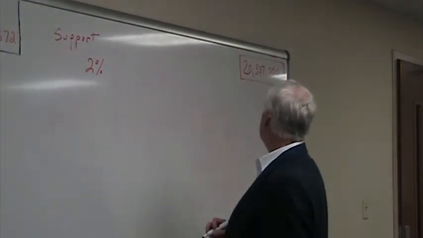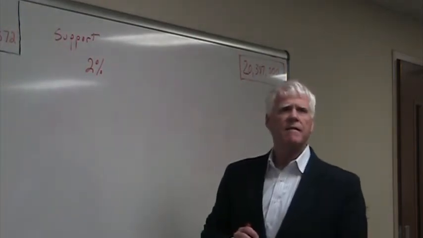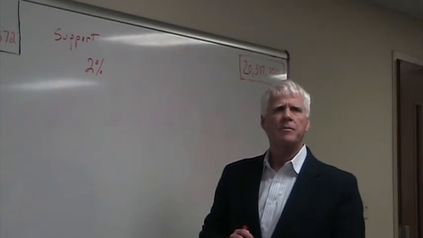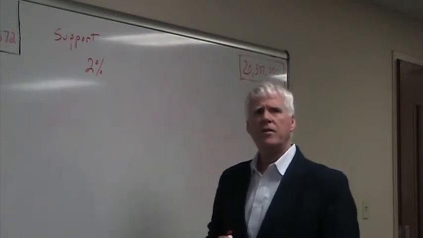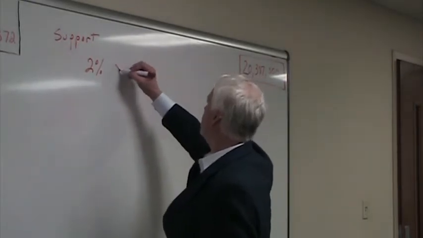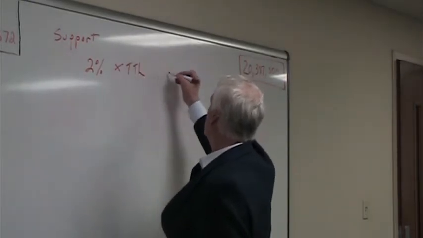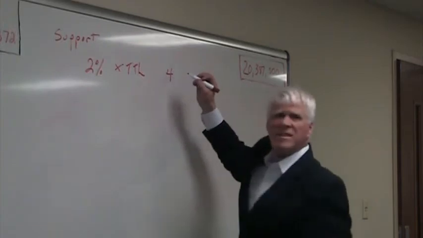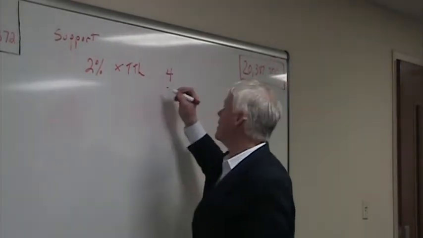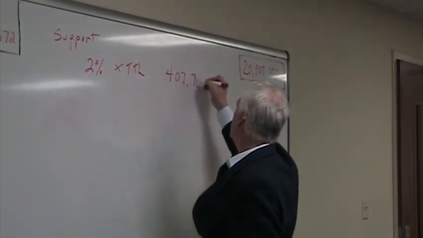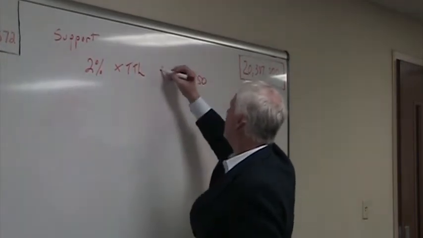What's 2% of 20 million? 407,000 something? 40,775? I'm trying to read the board over there. Is it 407,750? Yes.